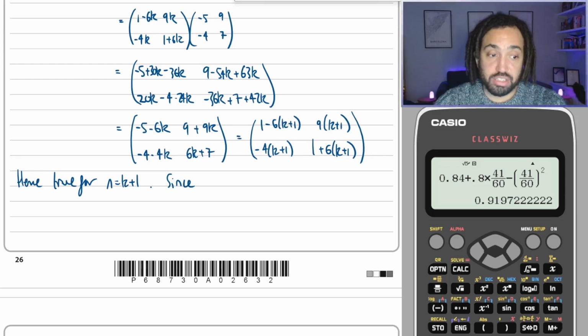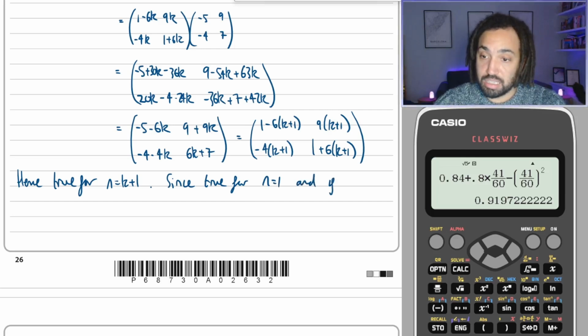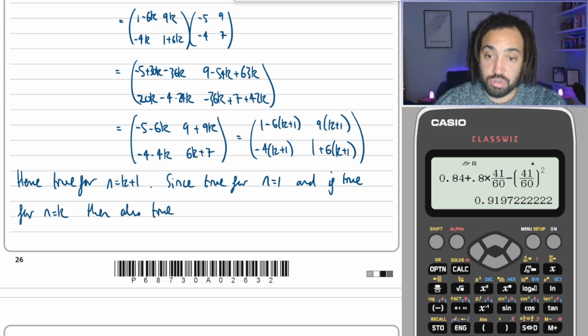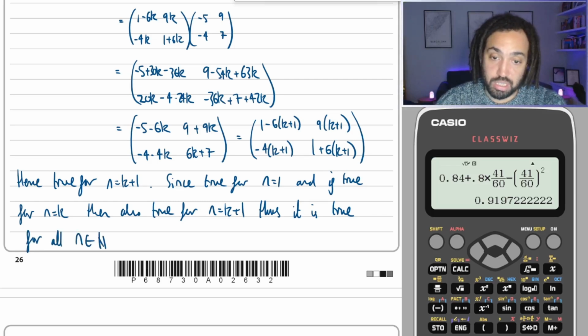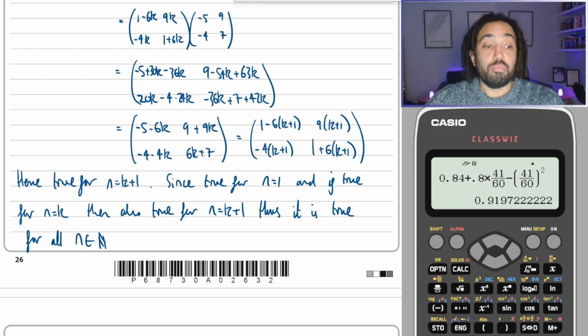And then since it is true for n equals 1, and if true for n equals k, then also true for n equals k plus 1. Thus it is true for all natural numbers n. Perfect.